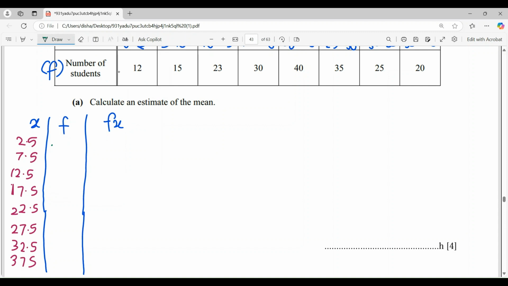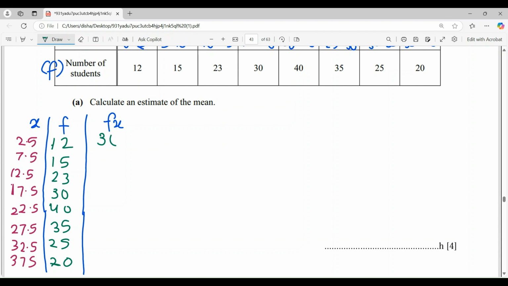For 2.5, the frequency is 12, 15, 23, 30, 40, 35, 25, and 20. Now, individually, we will be multiplying each of these, that is 12 into 2.5 and so on. So let us multiply 12 into 2.5, that will be 30.